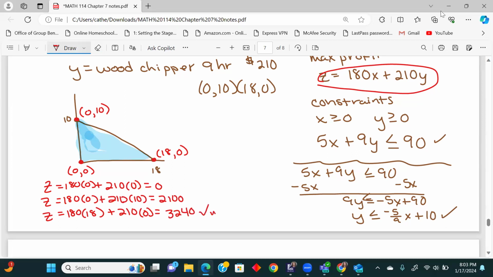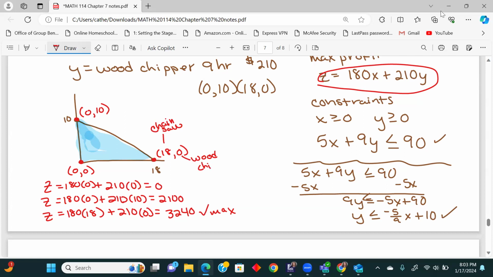All right, so this is the max. 18, 0 maximizes the profit. So the profit is maximized when we produce 18 chainsaws and 0 wood chippers.